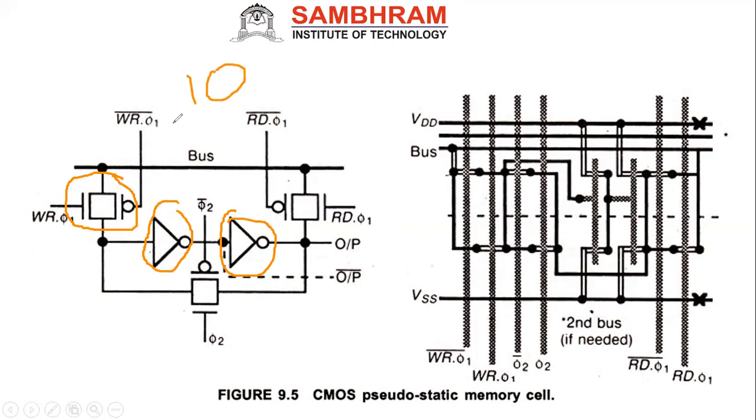Totally 10 transistors are required to store 1 bit in the static RAM for the CMOS version. You can see this is the corresponding stick diagram. As you know how to draw the stick diagram, just replace everything properly and easily you can draw the stick diagram.